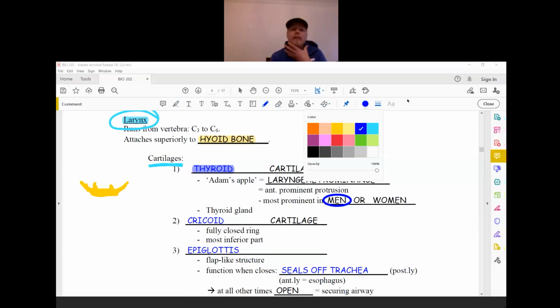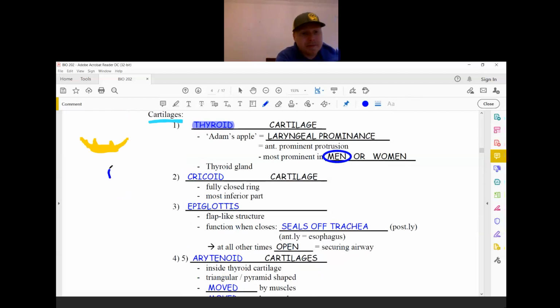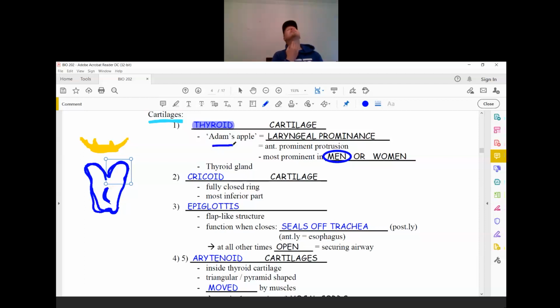Thyroid cartilage covers largely the anterior portion of the larynx, and within the thyroid we notice this little bump here, and this bump is what we know as the Adam's apple. So this prominent feature on males especially, but also present in females, is known anatomically in the proper term as the laryngeal prominence.